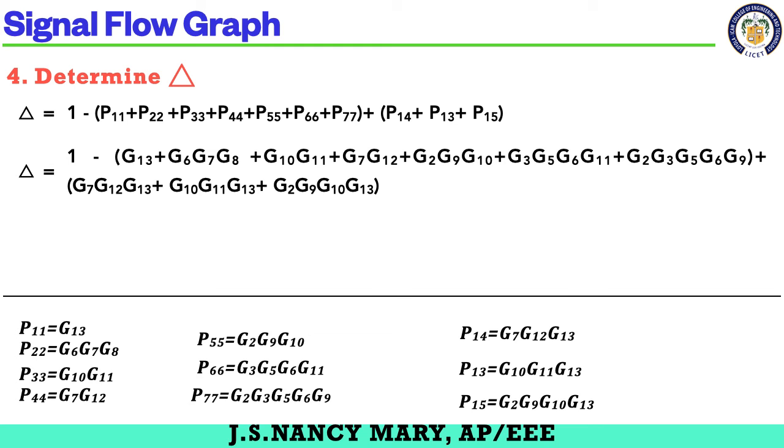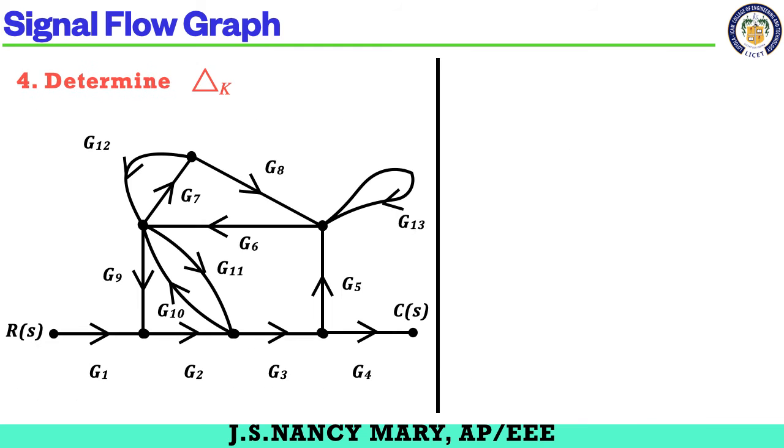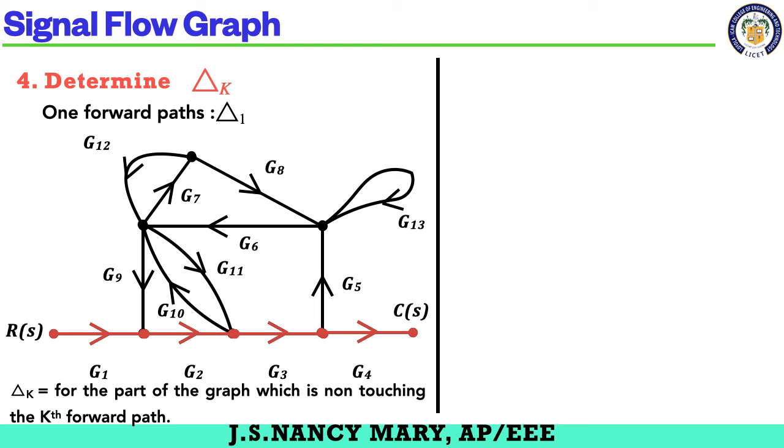Now let us move on to the next part, that we need to find out the transfer function. Here we are having only one forward path, so we need del 1. Del 1 is nothing but we have to check the loops which are not touching the path. If you could see my individual loops G13 and G12, G7, that is not touching.